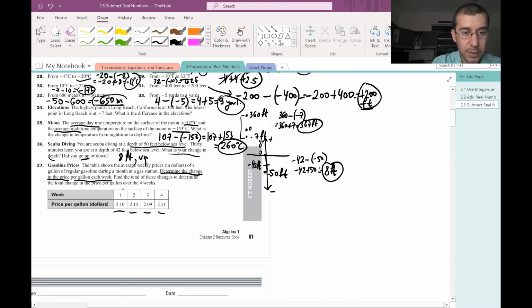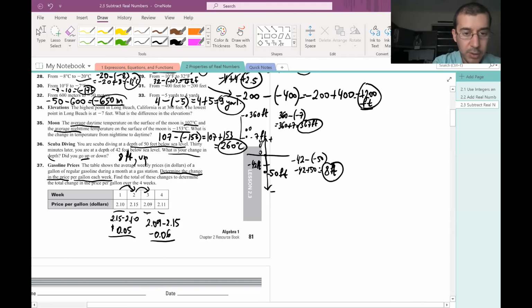So from week 1 to week 2, the change was 0.05, right? 2.15 minus 2.10. It's $0.05. That was the change from week 1 to week 2. Now from week 2 to week 3, the change is 2.09 minus 2.15, which is negative 0.06.